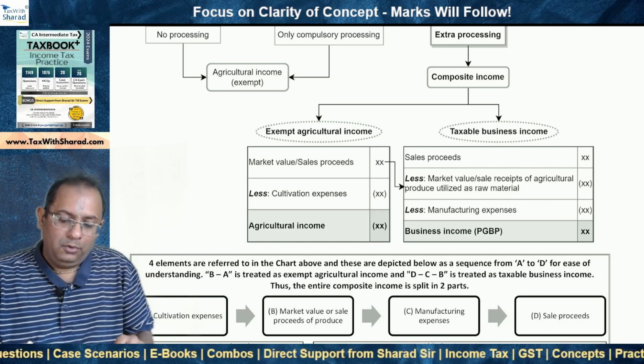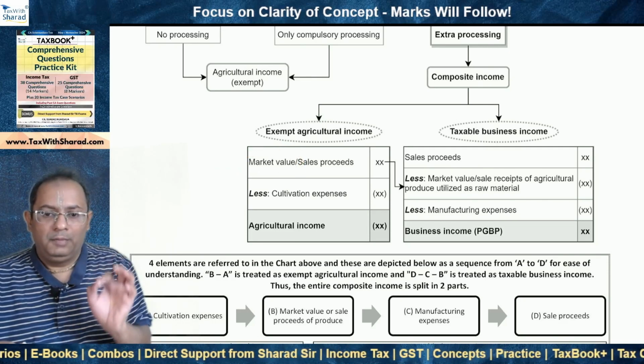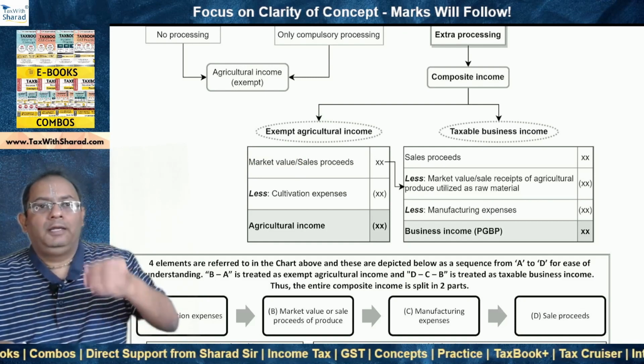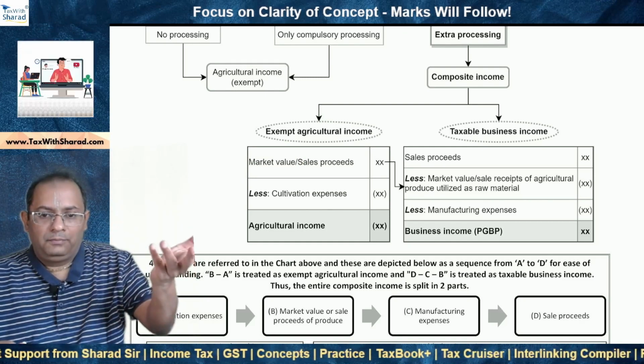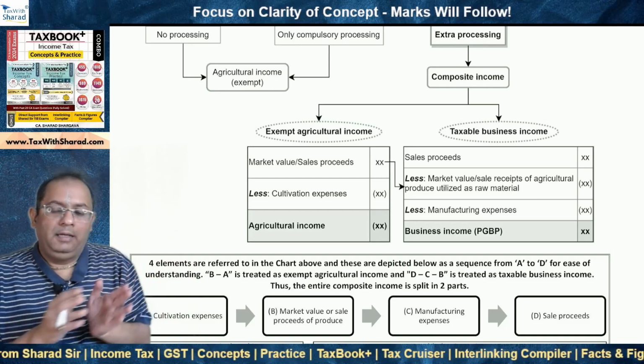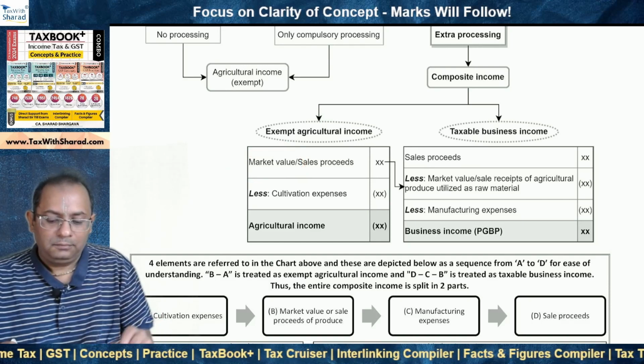So first we impute market value. If the sugarcane was taken to the market as such, it would be sold at its market value. Now instead of being sold directly, it is taken to the sugar factory, and therefore we impute the same market value.